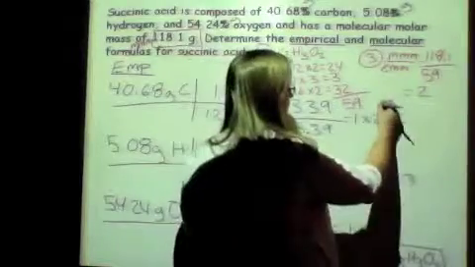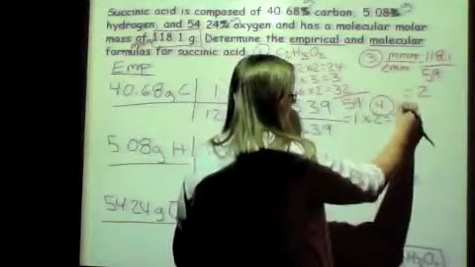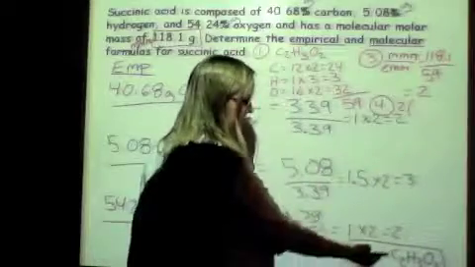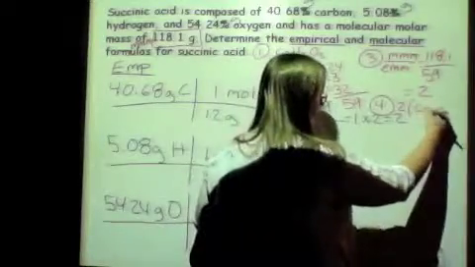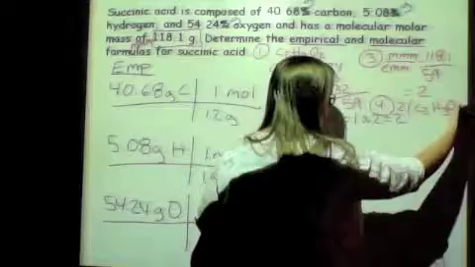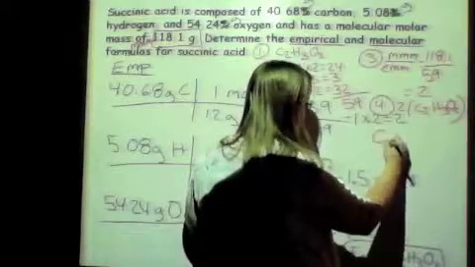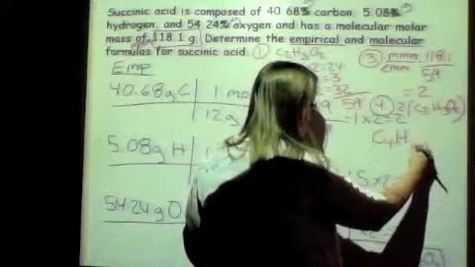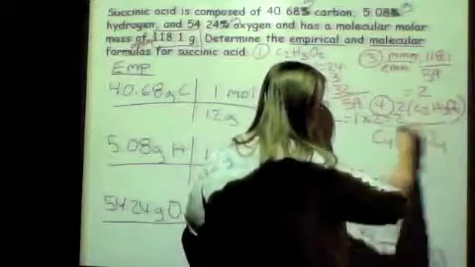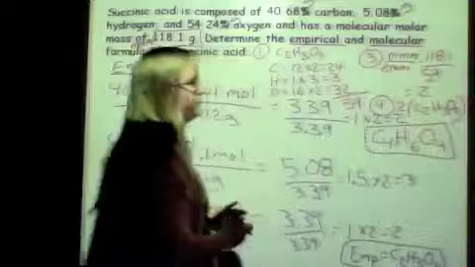So then step 4 is to take that 2 and multiply the subscripts of C2H3O2. So your final answer for the second part is C4H6O4.